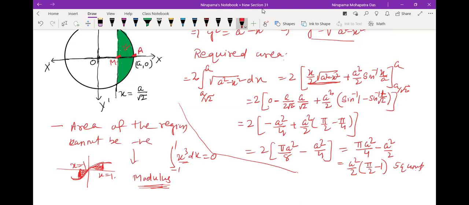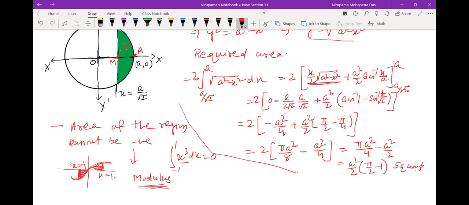In the four questions until now we have not faced such a problem, but in case we see it is negative, we could have taken the modulus sign. This is one of the examples. If you calculate the area from the integral of x cube dx from minus 1 to 0, it will be negative.